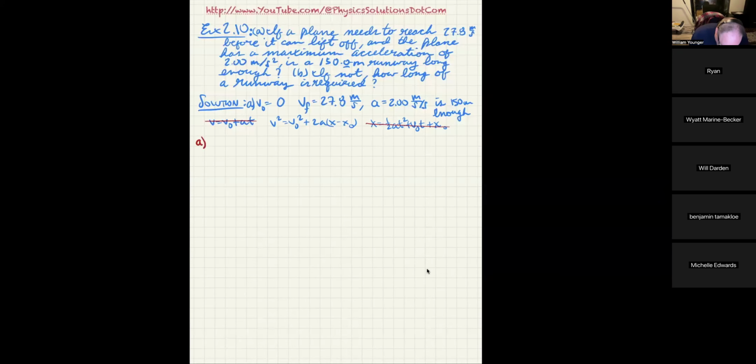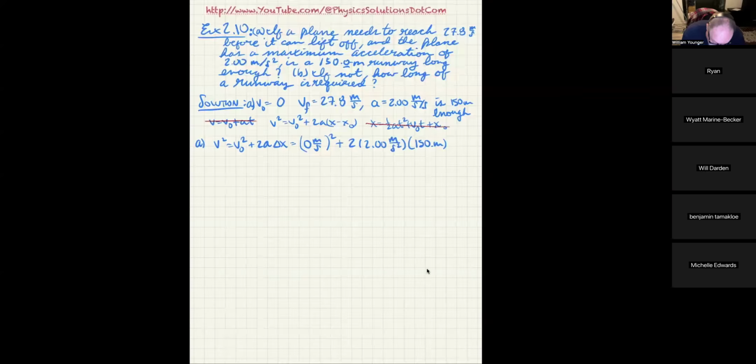So for part A, I'm going to do this. V squared is equal to V0 squared plus 2a delta x. So this is going to be equal to 0 meters per second squared plus 2 times 2.00 meters per second every second times 150 meters.